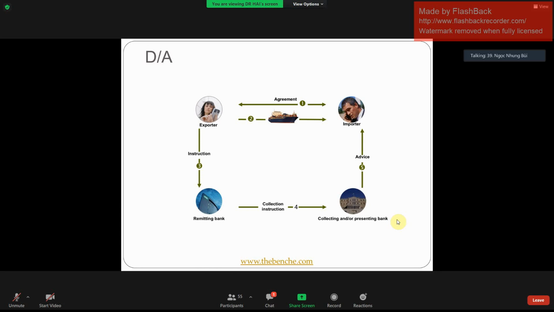Yes. If they agree with each other, they can also buy the insurance. Yes. So you say that if they negotiate that the importer has to buy insurance, right? Yes.